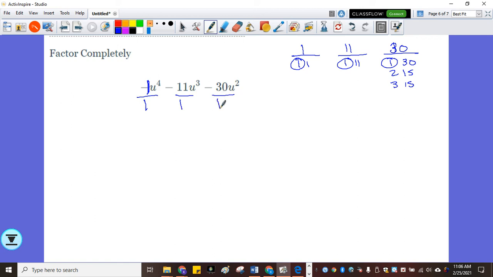What else do they have in common? It's always the smallest exponent. So this has 4, this has 3, this has 2. What else do they have in common? They're all negative, so we're going to take out a negative. So that's my greatest common factor: negative 1u squared.